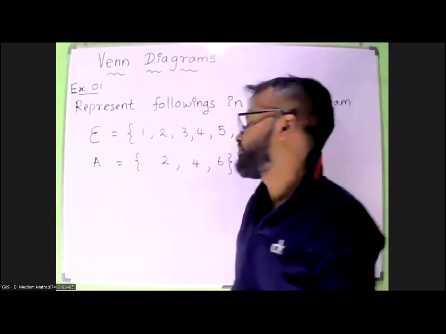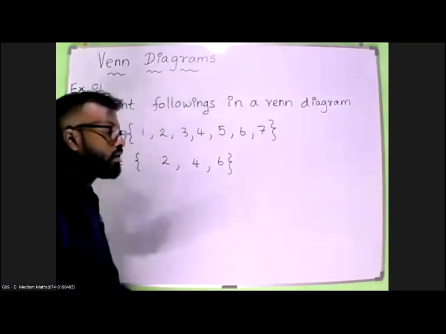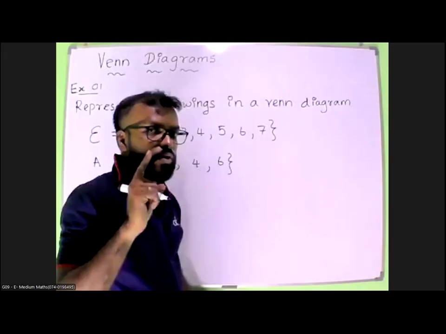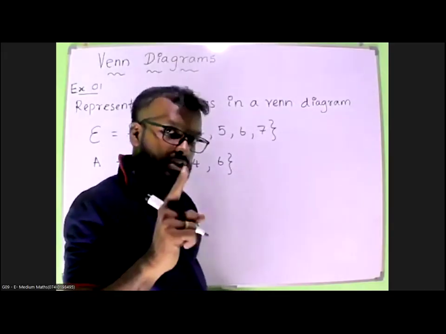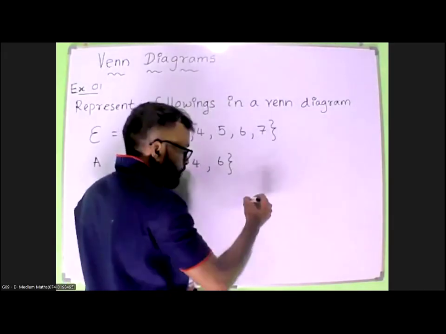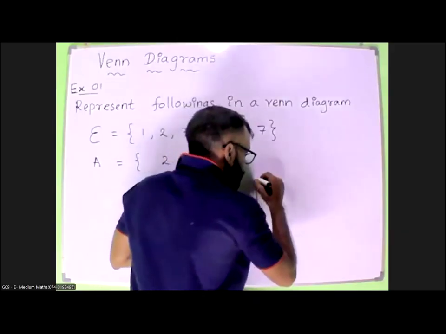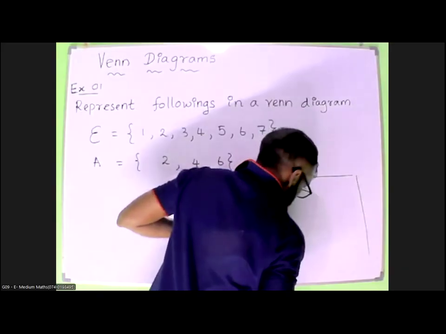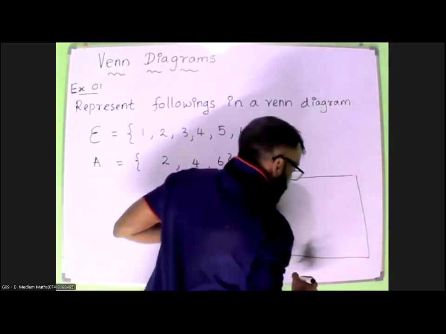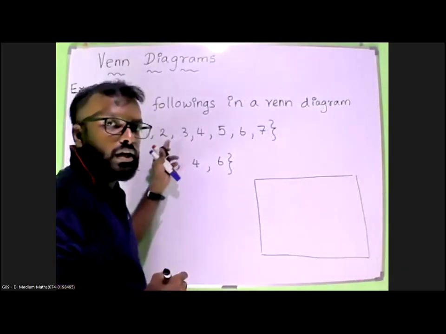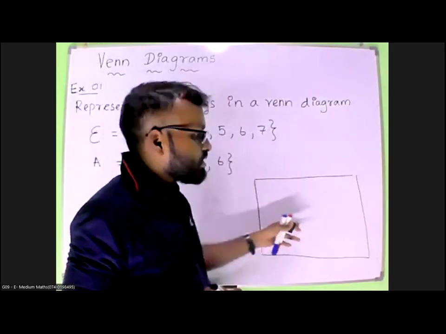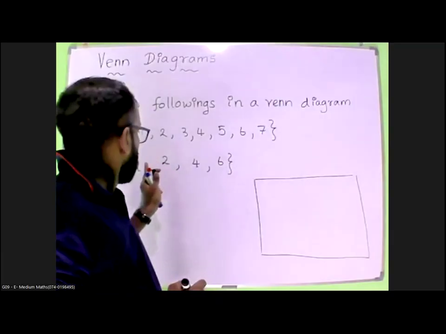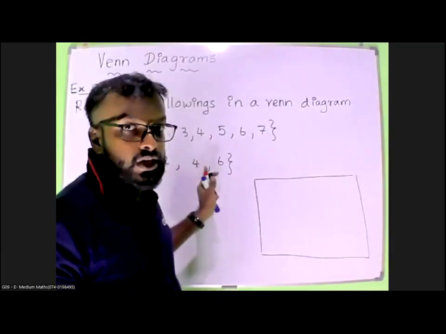Now look at the book. First of all, the universal set. For representing the universal set, I told you, you need to draw a rectangle. Before writing down the elements inside this rectangle, I will draw the subset first.